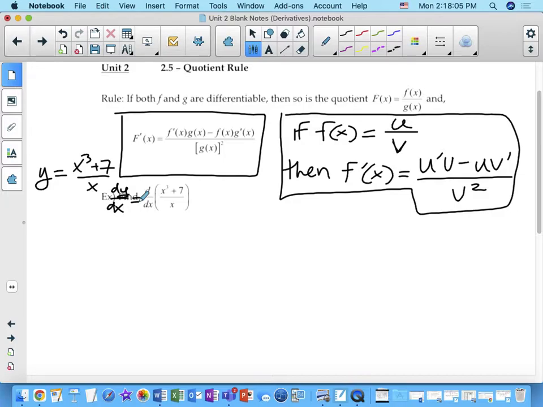Okay, so when we are doing something like this, just like in the product rule, we want to assign what's u, what's v. Let's find all of their derivatives. In this case, u is x cubed plus 7, and u prime would be 3x squared. And v is x, so its derivative is 1.